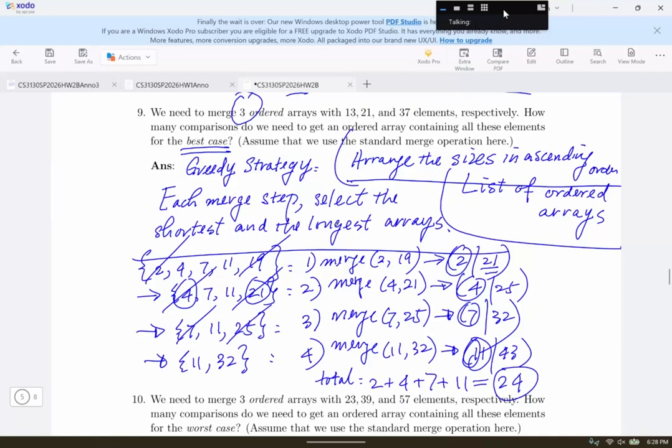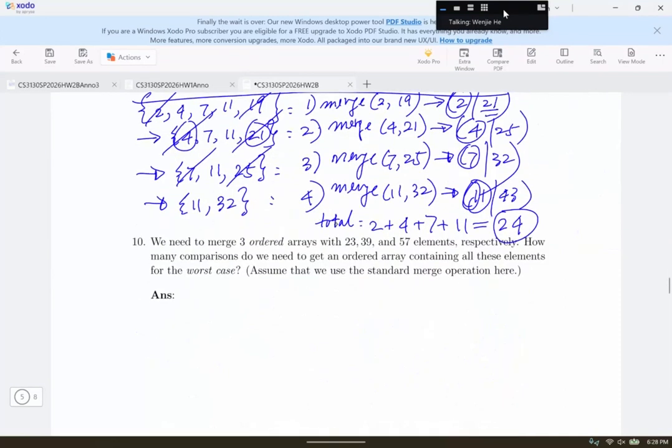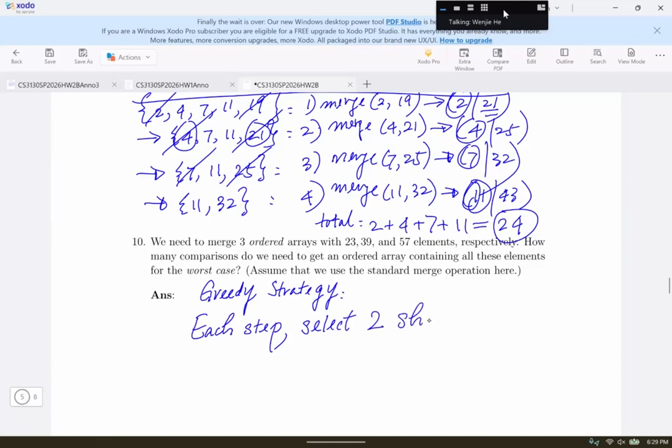The greedy strategy we define in this way: each merge step, select the two shortest arrays to merge.